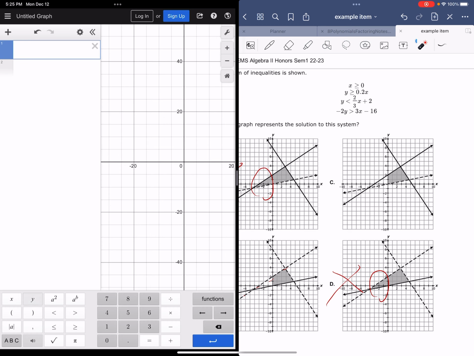It's going to be y is equal to, because you cannot put inequality, 0.2x. And for this one, y is equal to 2 over 3x, plus 2.